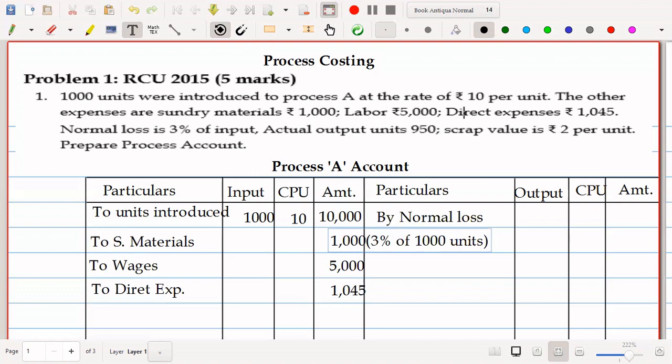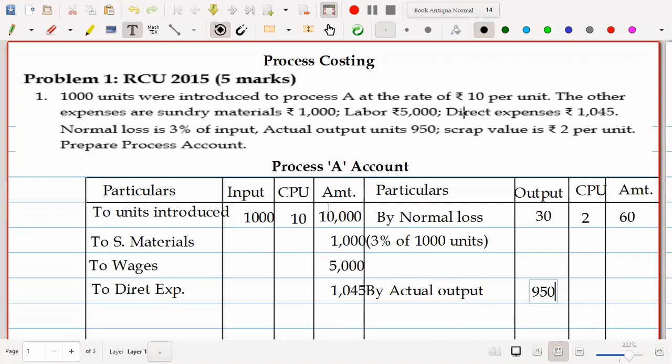So what will be the units here? 3% of 1,000 comes to 30. And the scrap value given in the problem is rupees 2. When we multiply 30 with 2, it comes to rupees 60. And by actual output, given in the problem, is 950.